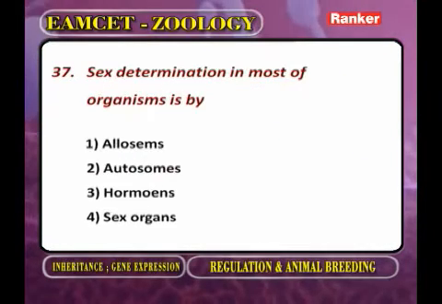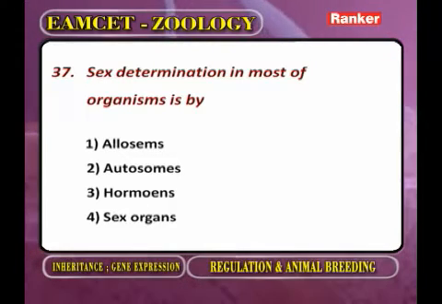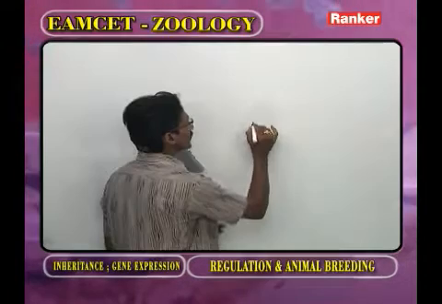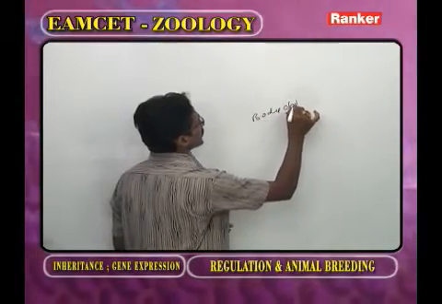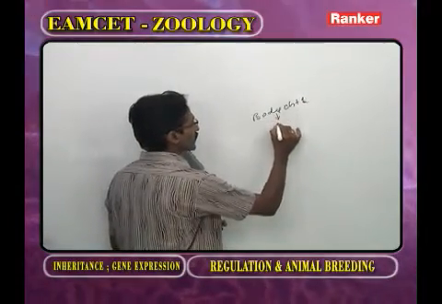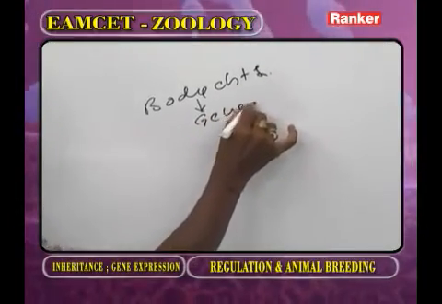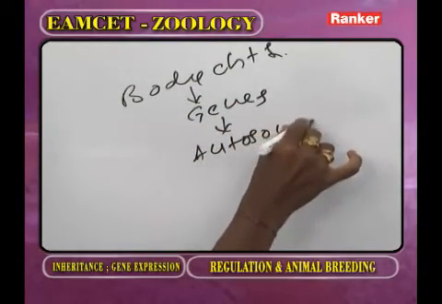Next question: sex determination in most of the organisms is by. As we observe the sex determination, now we go for the body characters. The genes responsible for the body characters are present on autosomes.